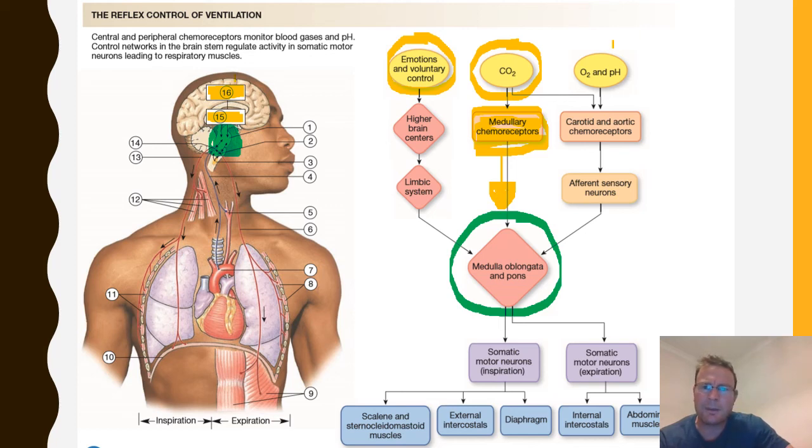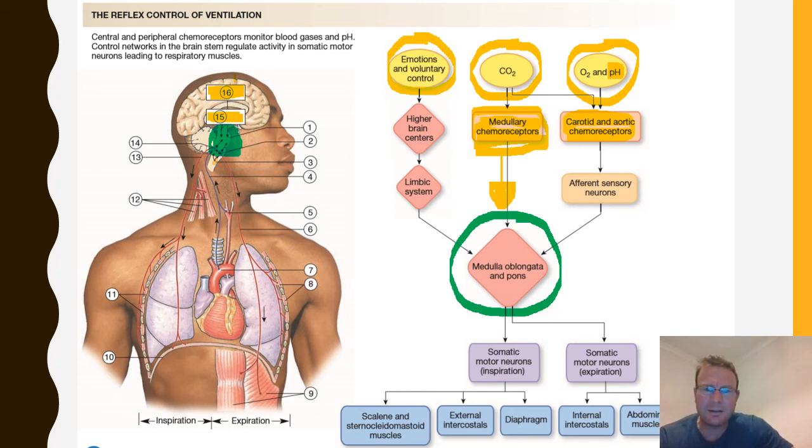Equally, a decrease in oxygen content and an increase in acidity will be sensed by chemoreceptors in our carotid artery and by our aorta. So carbon dioxide, oxygen, and acidity are monitored by chemoreceptors in our body.